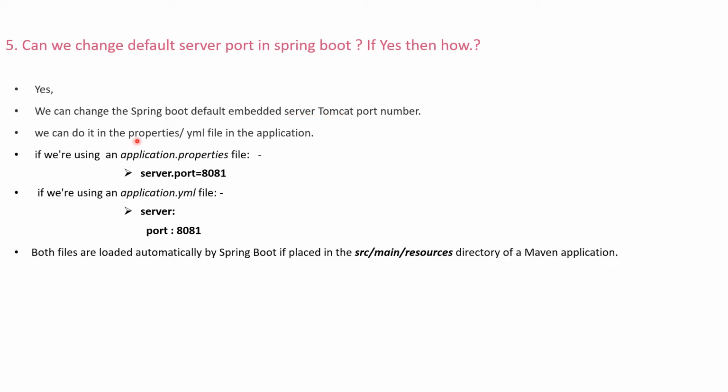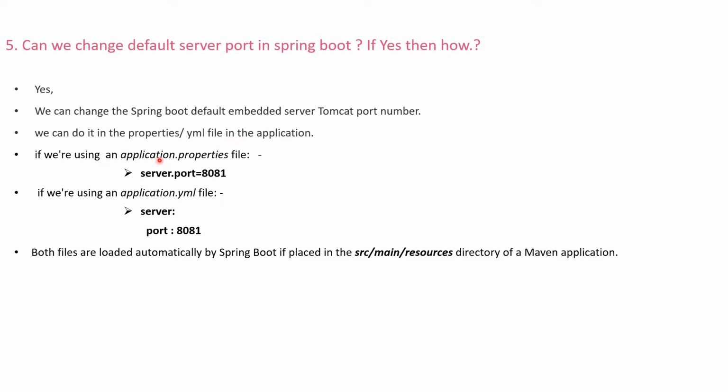Yes, obviously we can change the Spring Boot default embedded server Tomcat port number. We can do it in the properties or YAML file in the application. You can have either properties files or YAML files in your application.